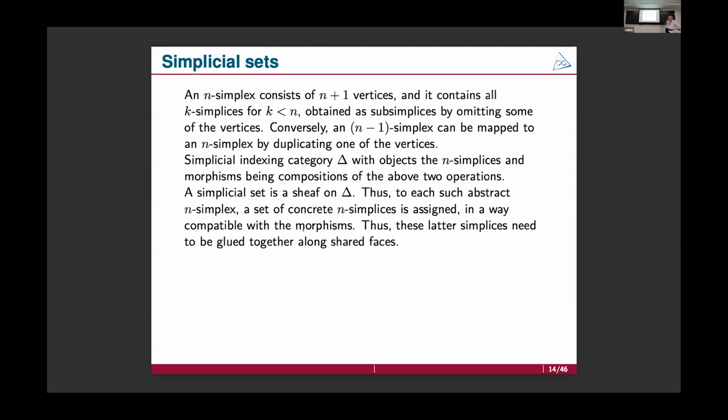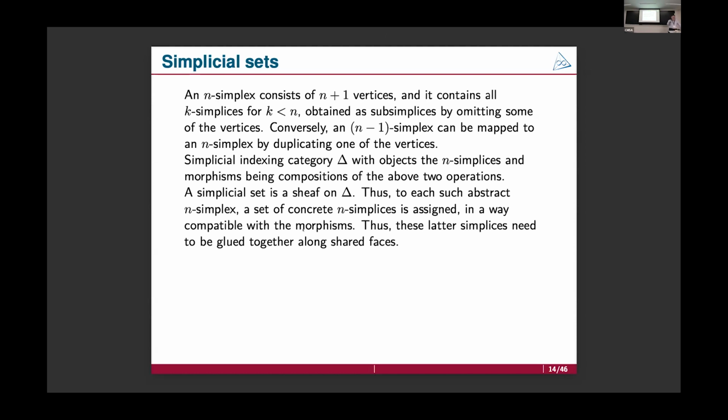And so to each such abstract n simplex, the set of concrete n simplices is assigned in a triangulation and in a way compatible with the morphisms, in particular the subsimplex relations. And so these latter simplices therefore need to be glued together along shared faces as in a simplicial complex.